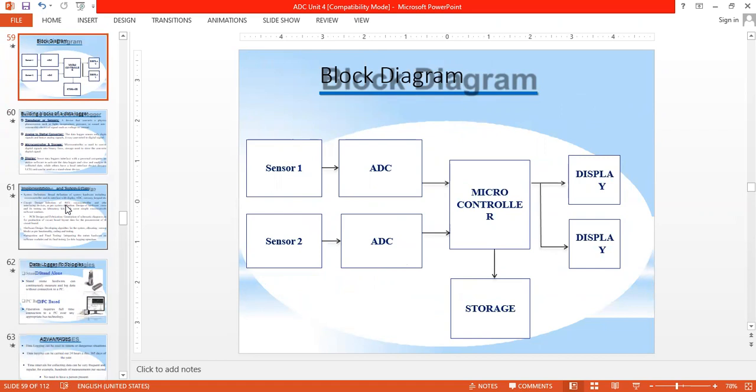For example, for a particular plant, we may have 100 sensors available. We take the sensor values and convert the analog signal into a digital signal, that is zeros and ones, and we store it into the particular memory through the microcontroller.